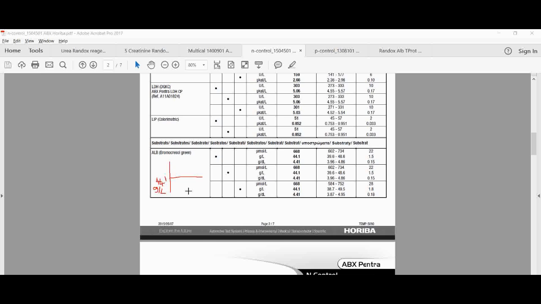And then minus 3 SD is 39.6. And your plus 3 SD is 48.6.